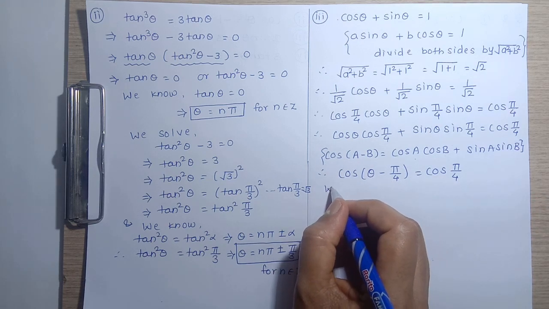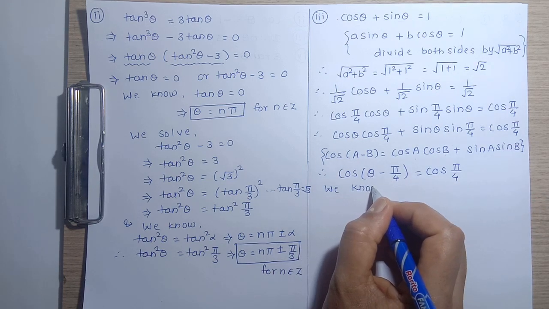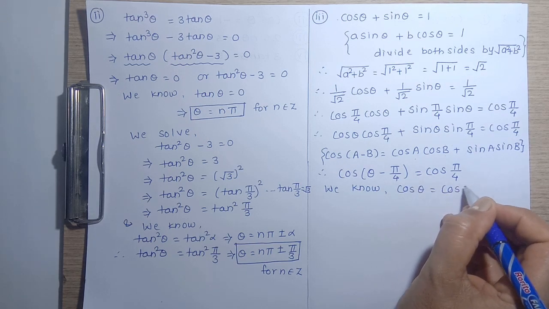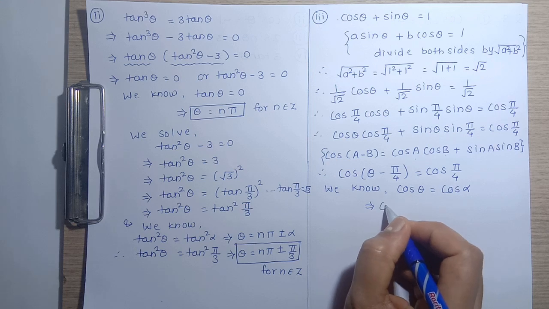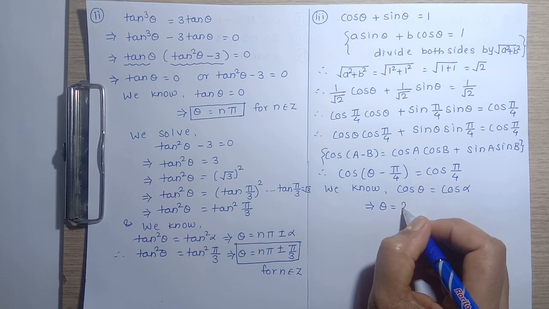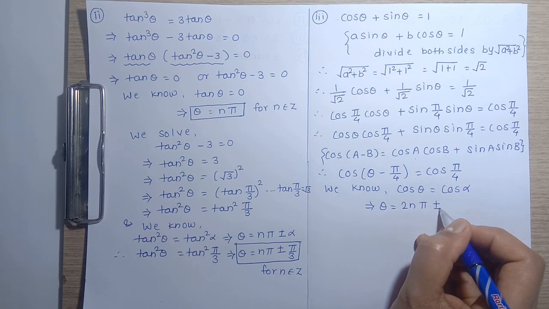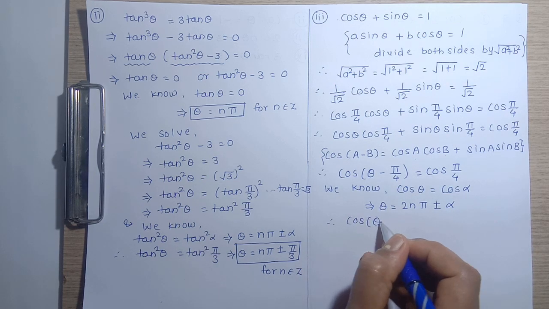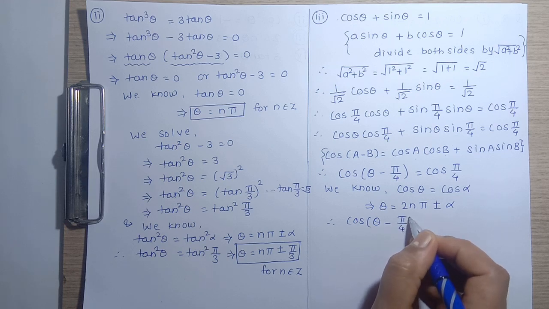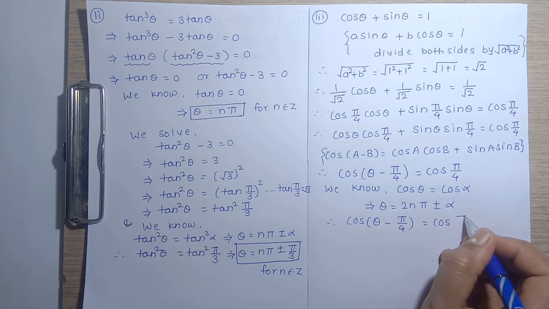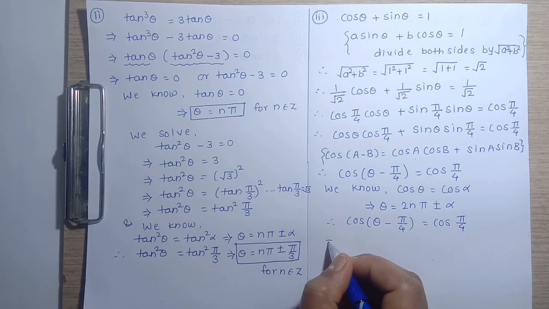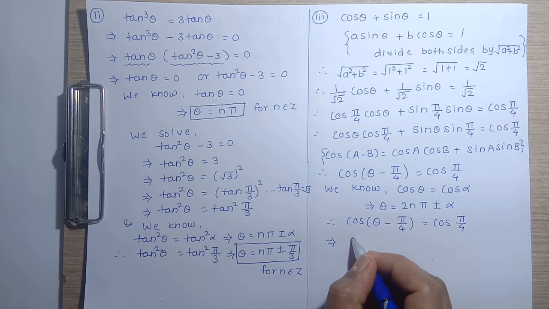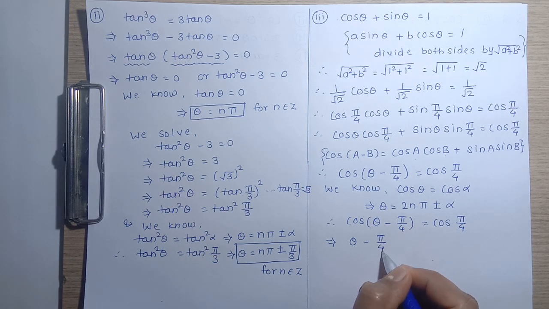Now we know the solution. We know the solution that cos theta is equal to cos alpha gives theta is equal to 2n pi plus or minus alpha. Therefore, cos of theta minus pi by 4 is equal to cos of pi by 4 gives the solution. Here instead of theta we have theta minus pi by 4.